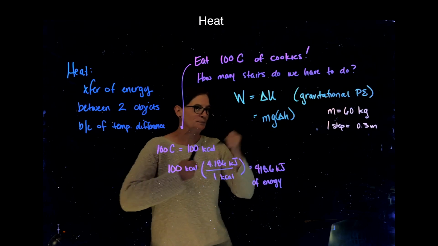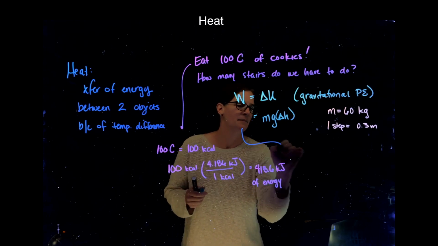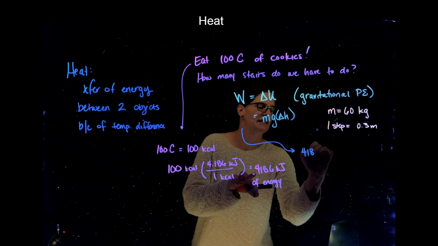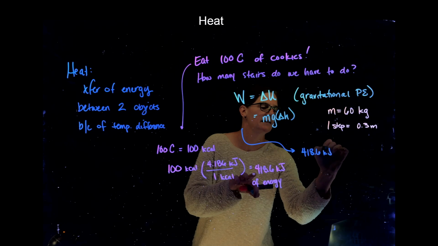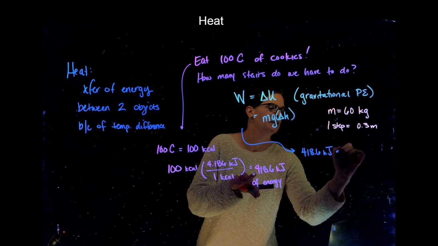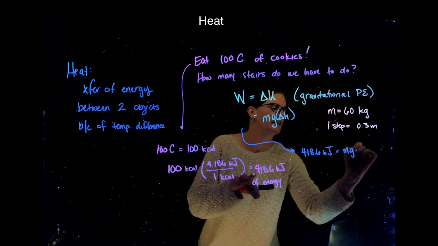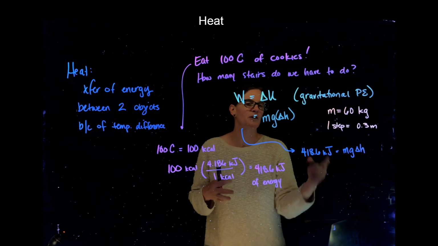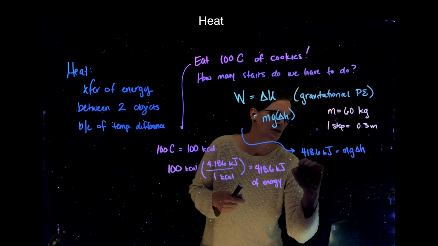All right, so that means that our work is 418.6 kilojoules. That equals mg delta h. So let's make sure our kilojoules is in proper units so that we can do the proper division.